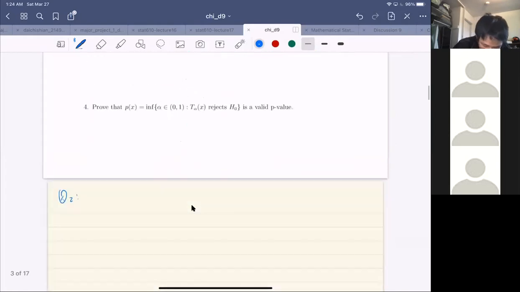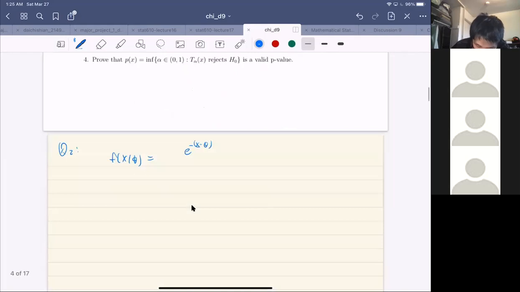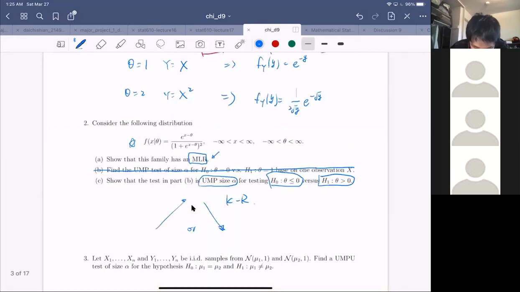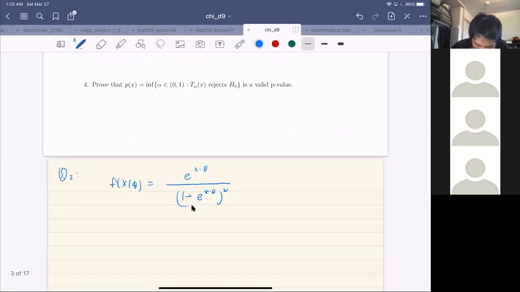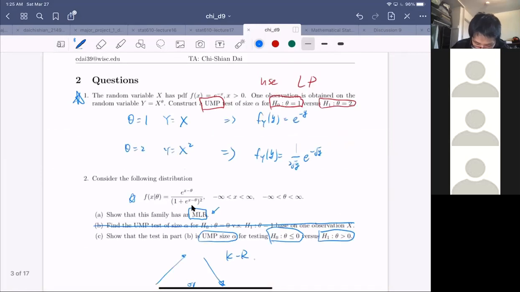We have the density, look at this. This is a logistic density.